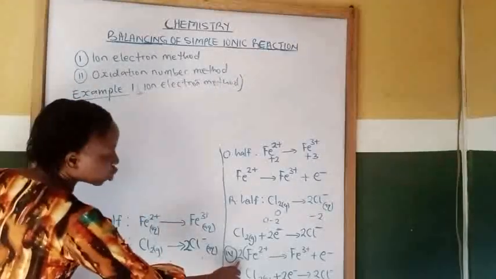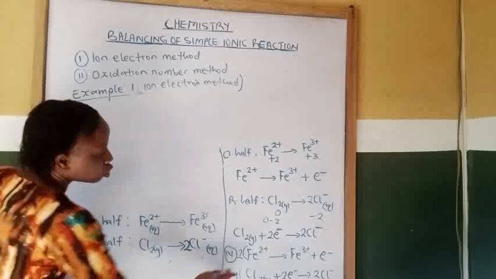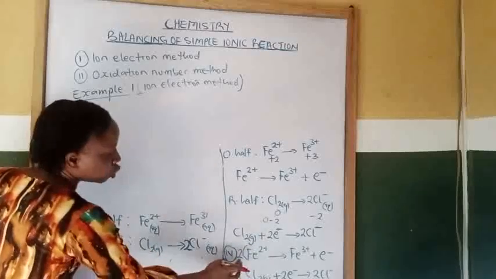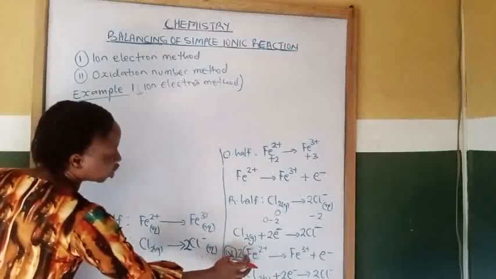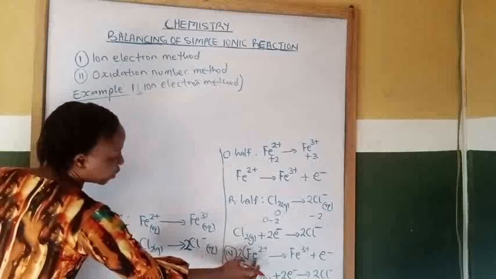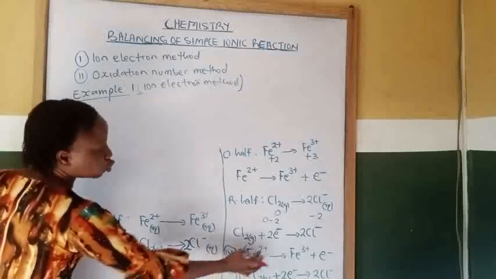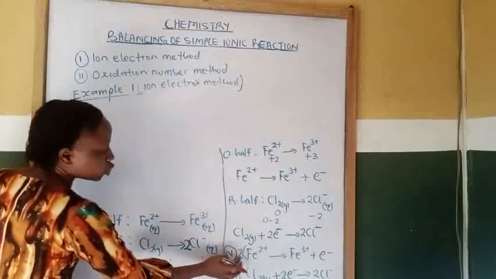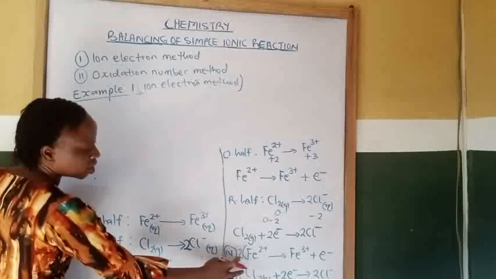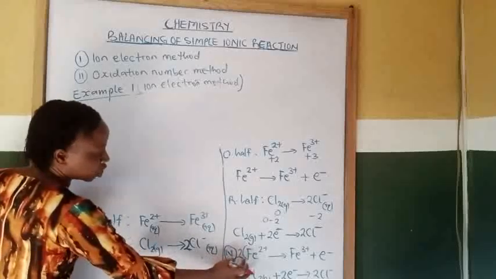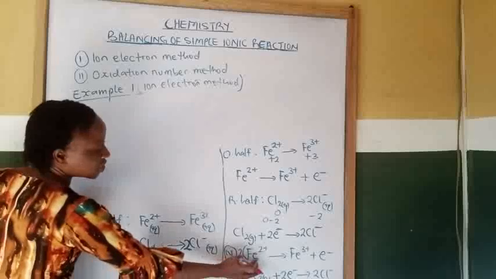Now, this is where we stop. So let's open the brackets now. 2 times Fe2+. You multiply these 2 by the coefficient. You are not going to use these 2 to multiply the charge; you only use these 2 to multiply the coefficient. So the coefficient of this Fe is 1.